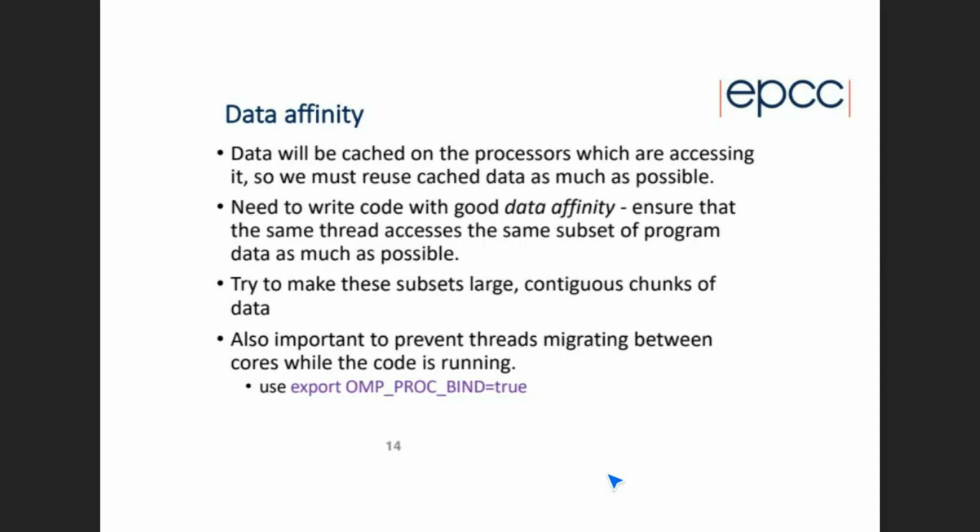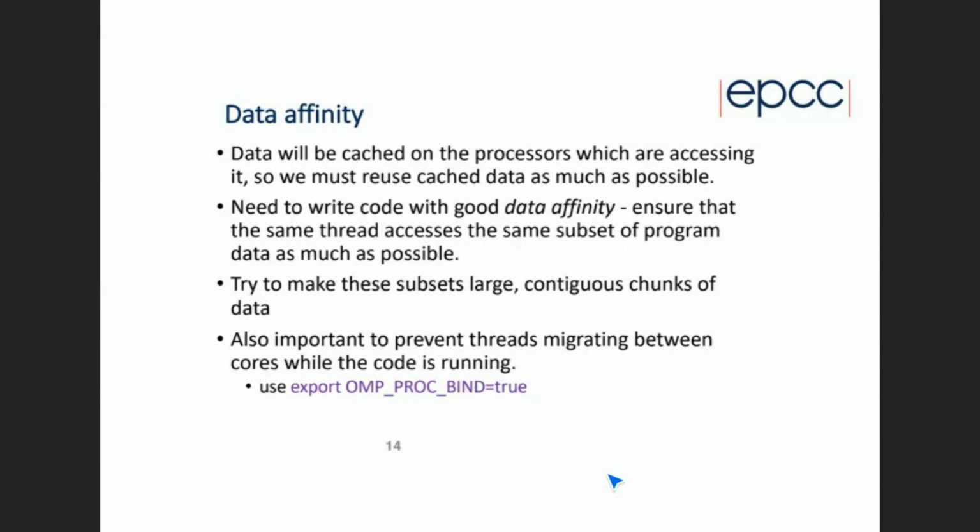And in the context of multi-threading, what that means is we need to write code with good data affinity. What does that mean? Well, it effectively means to ensure that the same thread accesses the same subset of program data as much as possible. Okay. So in shared memory, we don't need to do any explicit decomposition of our data. It all just lives in the shared memory.